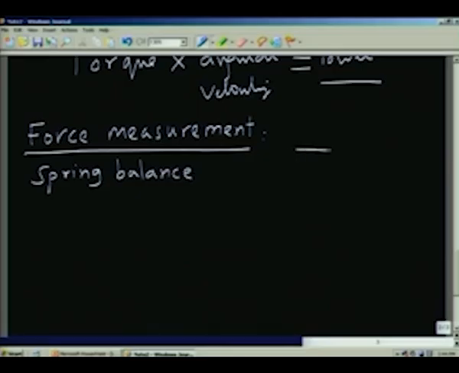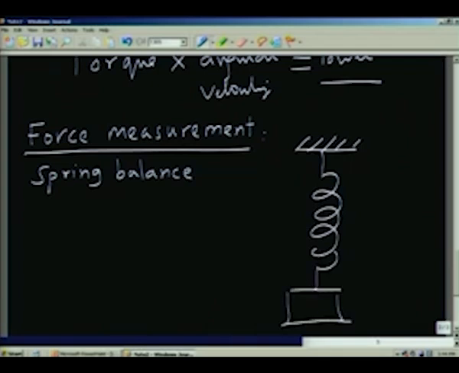So, we have a support which is fixed support, and we have a spring, and then we have the W, the weight which is hanging from it, and you can put some kind of pointer here attached to the base of the spring, and you have a scale here.